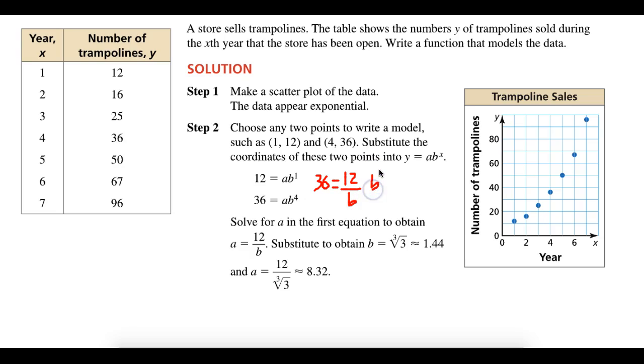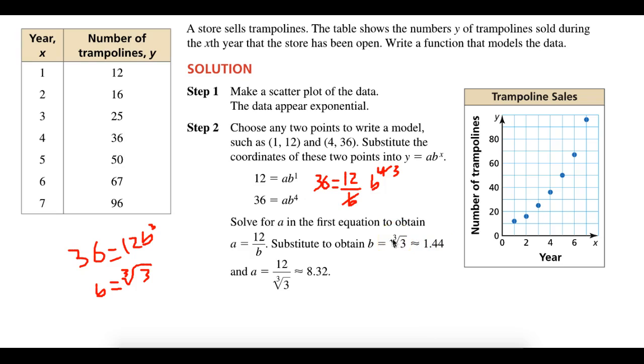Here, b cancels with the fourth power, so we're left with 36 equals 12b cubed. We divide by 12, and we end up with b cubed equals 3, which means b is equal to the cube root of 3. That's how they got the answer right here. The cube root of 3 is roughly 1.44.